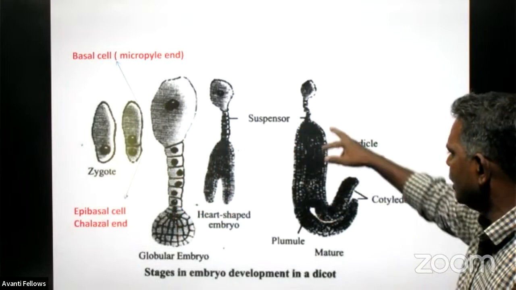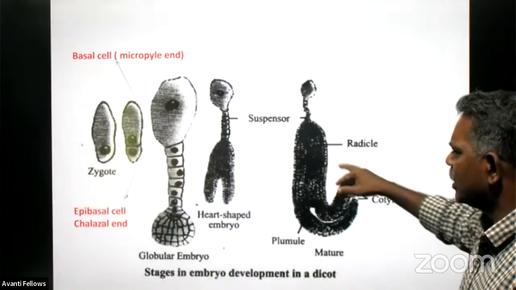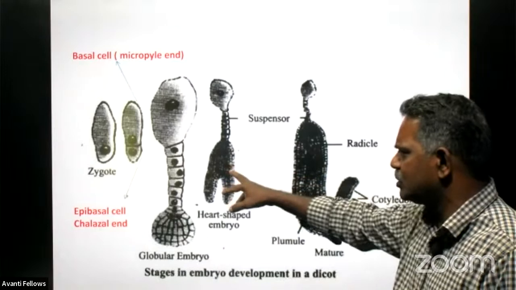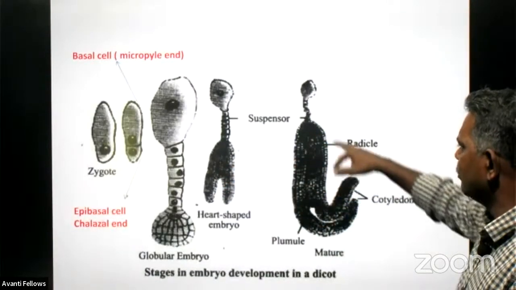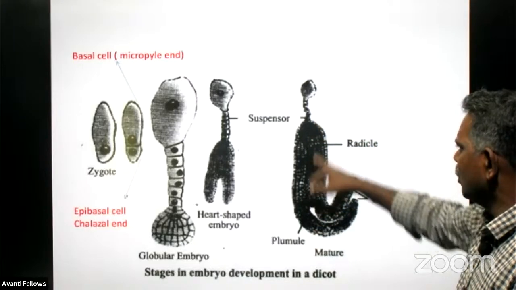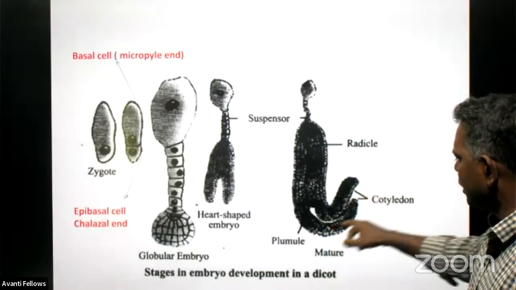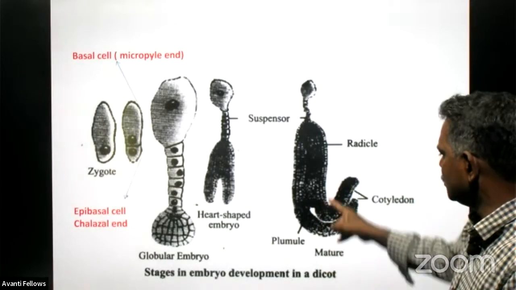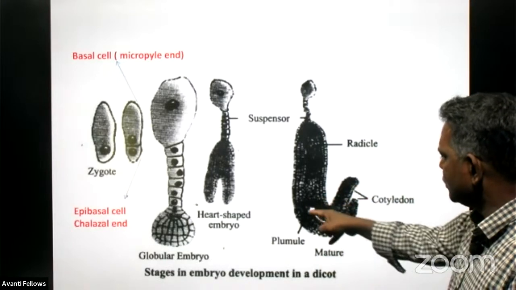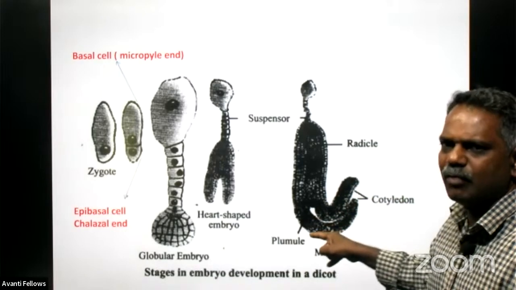It goes for continuous division and development and forms a heart-shaped structure in the embryo, which again goes for further development to produce the plumule and radicle, and also the two cotyledons in the case of dicot plants. This structure is called the cotyledon, for the storage of food material.